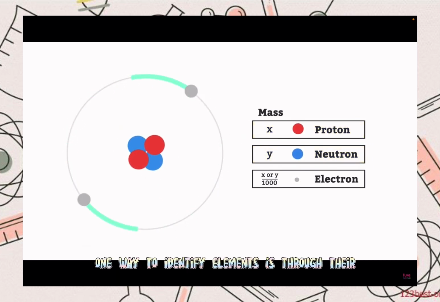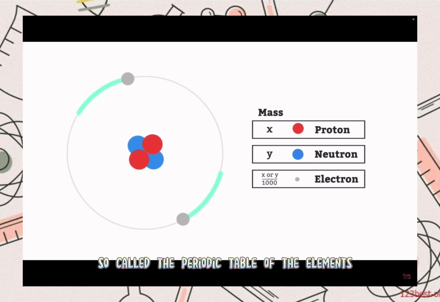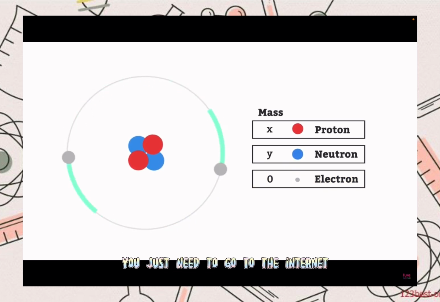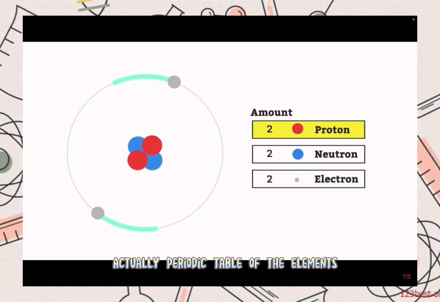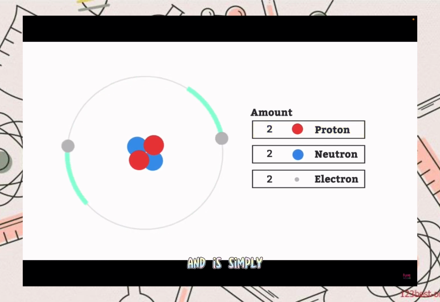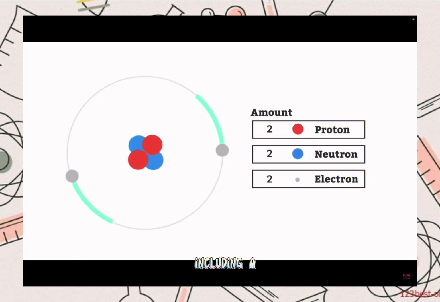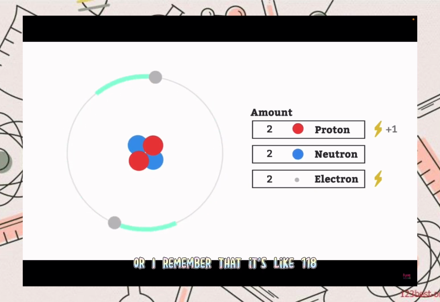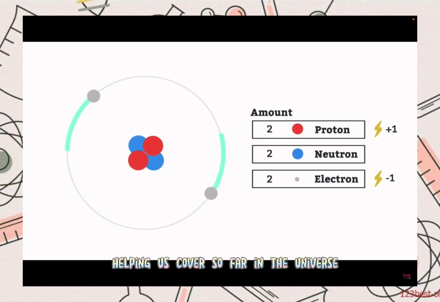One way to identify elements is through the periodic table of the elements. It's really simple to find one. You just need to go to the internet and type the key phrase periodic table of the elements. It's simply an overview of all the known atoms in the universe, and I remember that 118 chemical elements have been discovered so far.